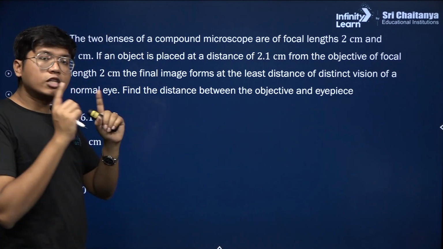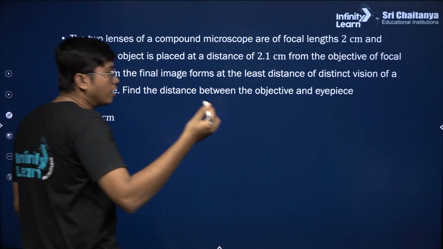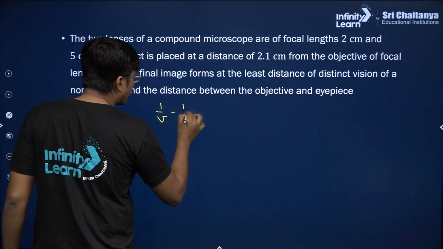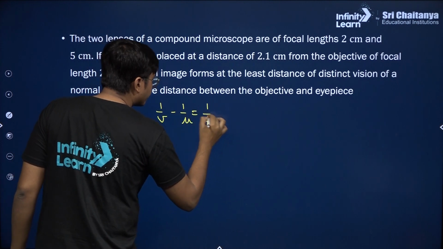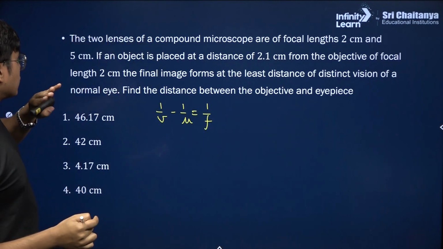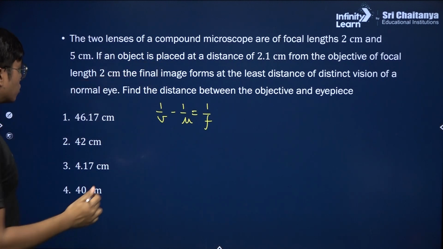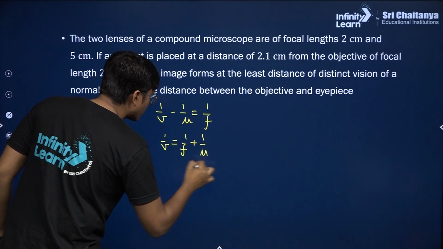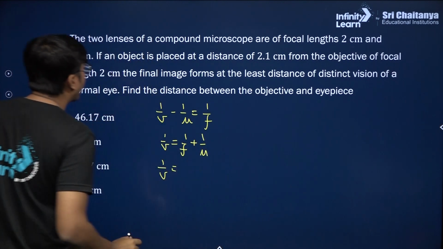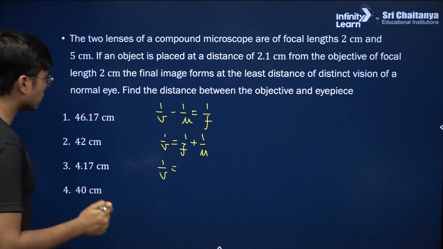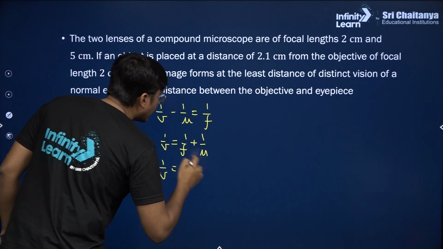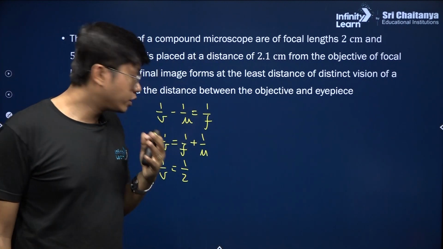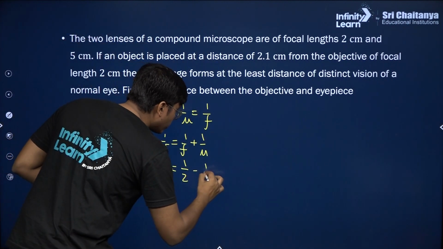Alright, so firstly for the objective we will figure it out. For any lens, the formula is 1 by v minus 1 by u is equal to 1 by f. Now v is something we don't have yet, but u we know. So first we need to find v. So 1 by v is 1 by f plus 1 by u. f is 2 centimeters, so 1 by 2, and the object is placed 2.1 centimeter in front of the lens, which means u would be minus 2.1 centimeter, so minus 1 by 2.1.